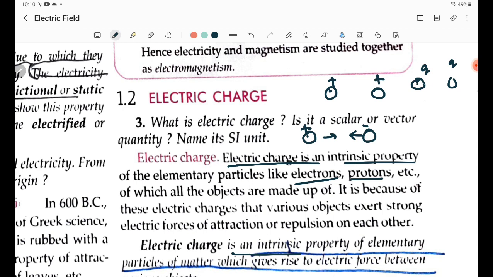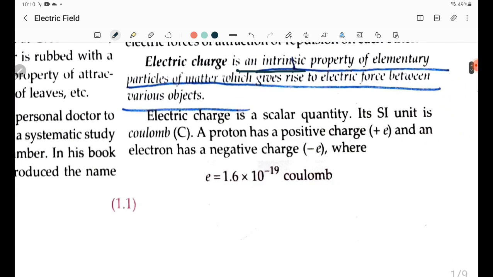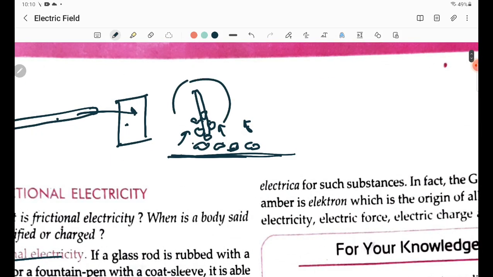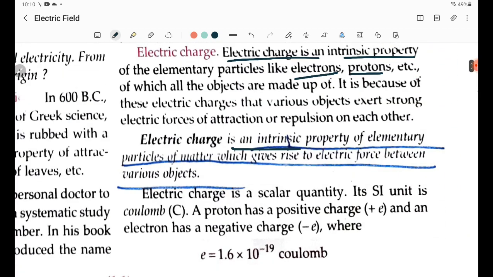This electric charge will exert a force on the other, and the other will exert a force on this one. So electric charges exert force between them. In the same way, the glass rod which has become electrified was exerting an attracting force on the pieces of paper. So electric charge is an intrinsic property of elementary particles by which it gives rise to electric force between objects.